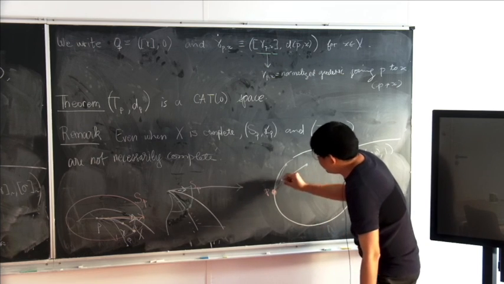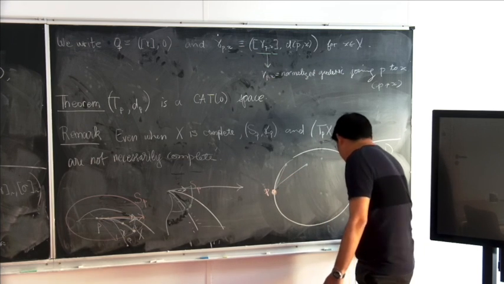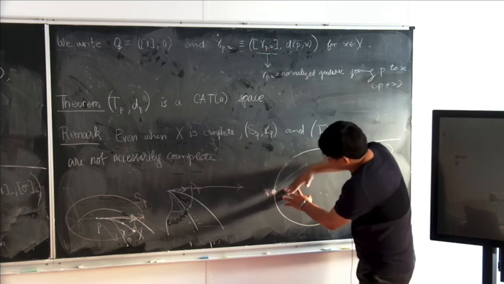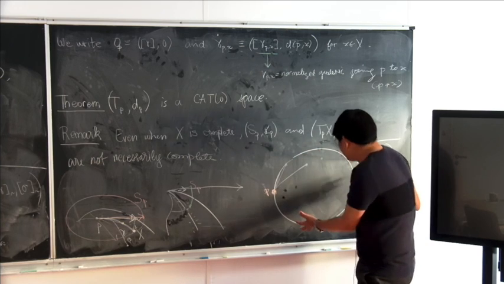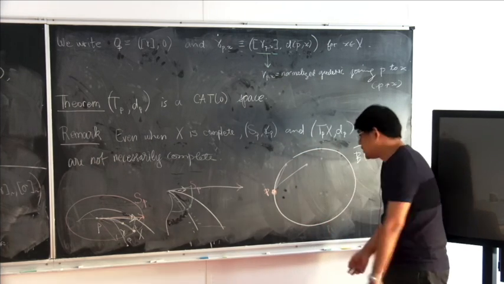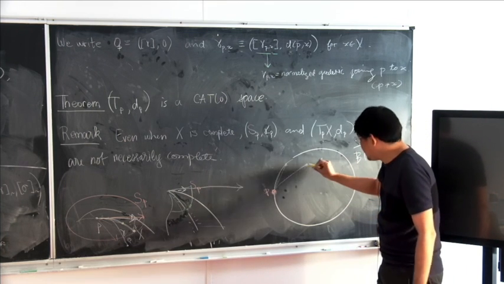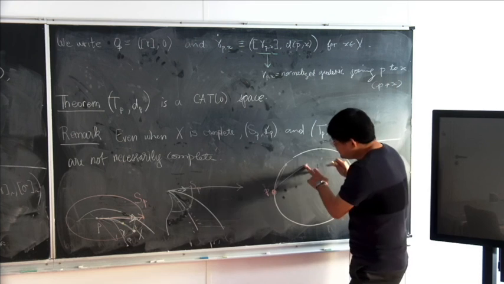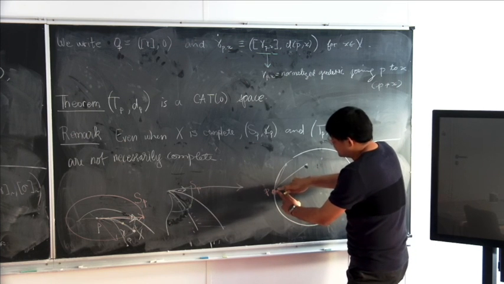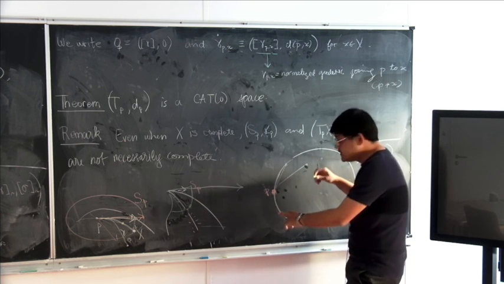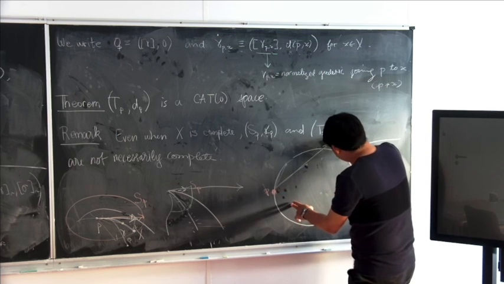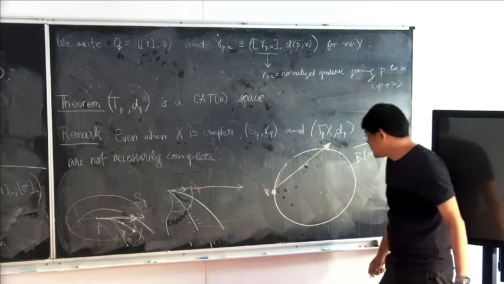Since this is a straight line, because this is embedded with the restriction of the Euclidean distance, if you take a point here, you make a geodesic which is a straight line, and you just normalize it. So this is the direction that you get.